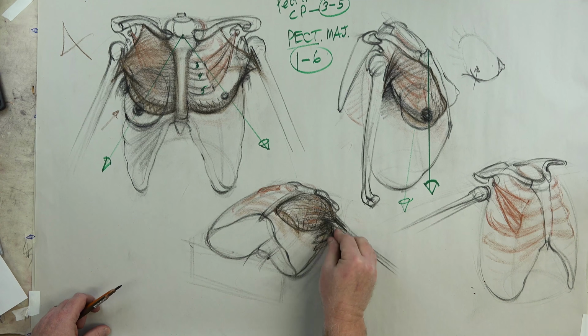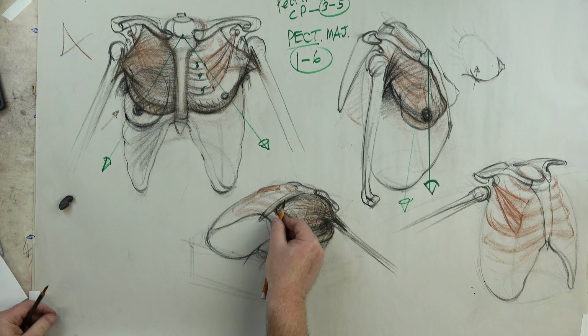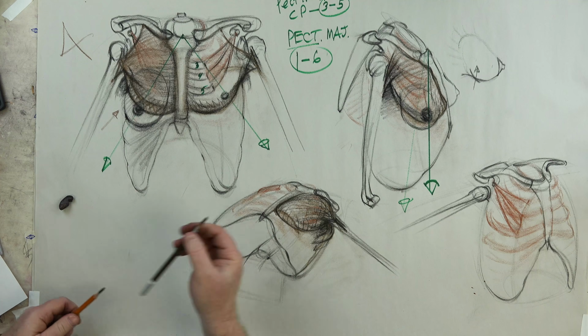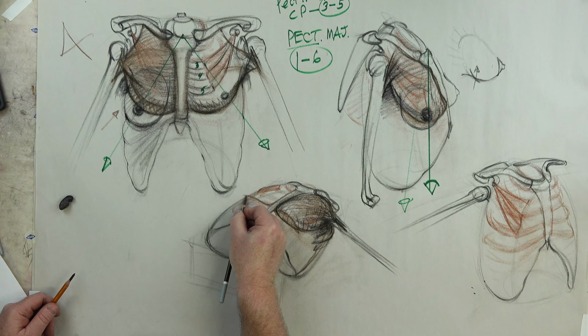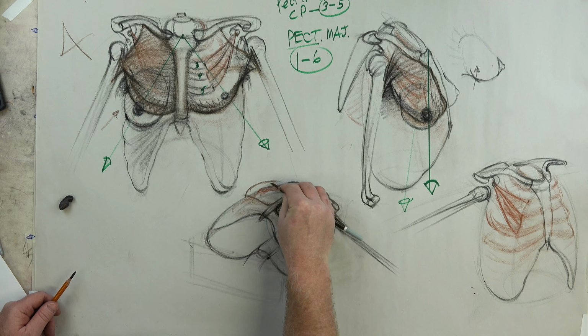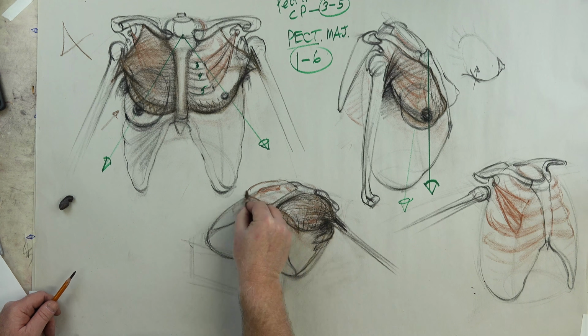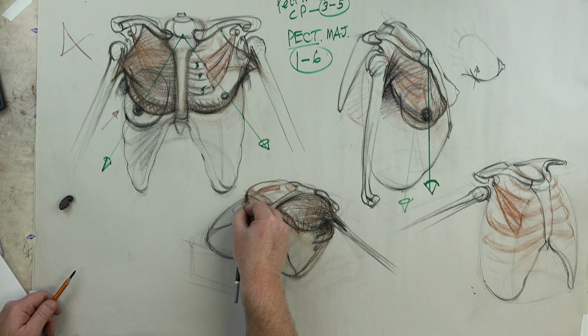So we have that feeling coming underneath as well. And of course the other side would be over here. So 1 to 6 here, and then up and over like so, and this would bulge out a little bit as it comes through and around to the clavicular side. This would get a thickness. We could shave that down a little bit.